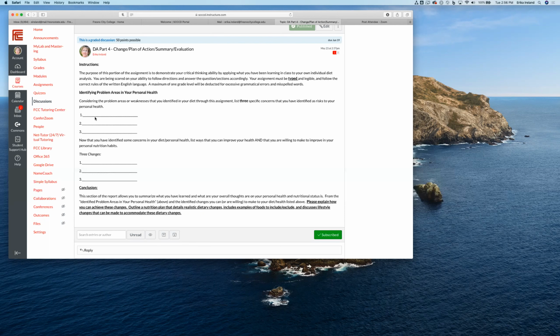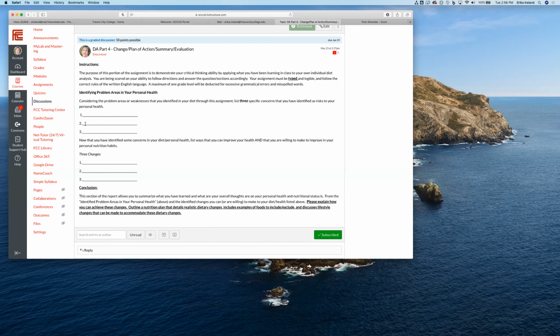So for number 1, I could put in here that I was over in carbohydrates and fats, above the acceptable macronutrient distribution range, which is typically what happens, or people are very, very low in them as well. Not in fat, but usually in carbohydrate. And then you would explain why that is, but that's coming next.